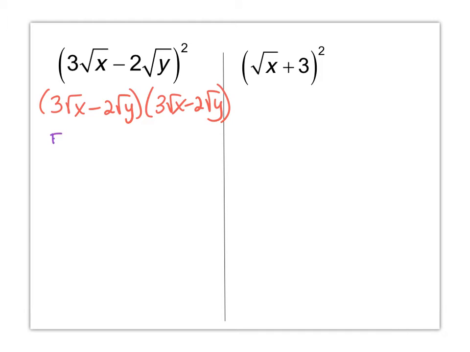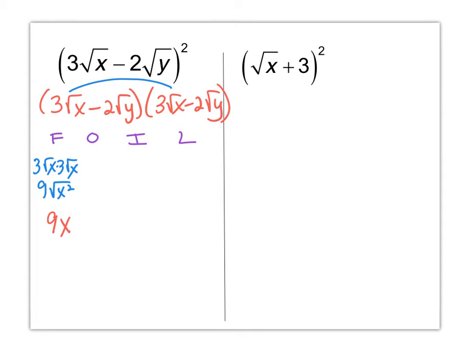The first, the outer, the inner, and the last. So when we multiply the first, the 3 square root of x times the 3 square root of x, we get 9 times the square root of x squared. Well, 9 times the square root of x squared can then further be simplified as 9x.